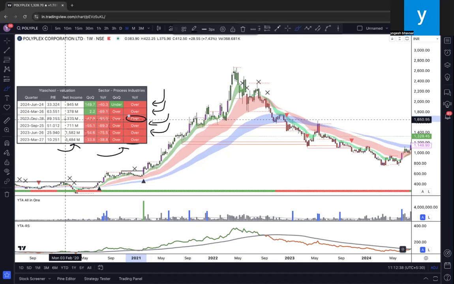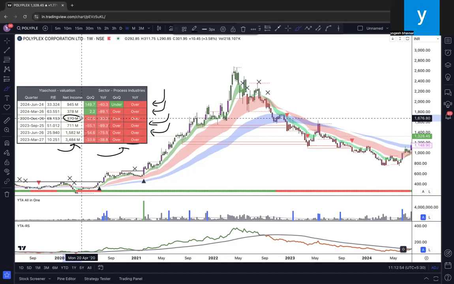Now, in the fifth quarter, the company gave 378 million income. It gave better, about 8 lakhs more than the previous quarter. That means it was making losses, lesser losses, better profits. Suddenly it made one quarter of better profit.